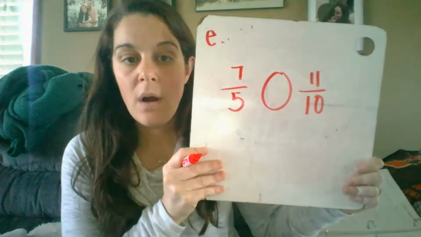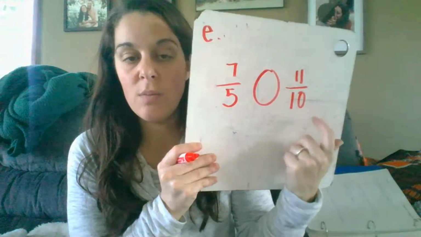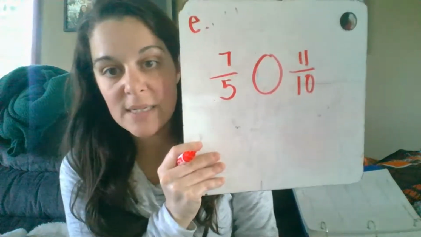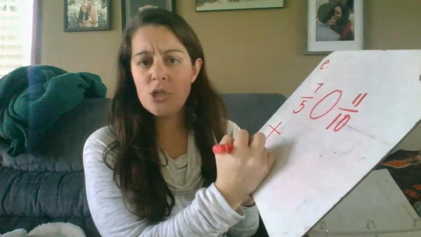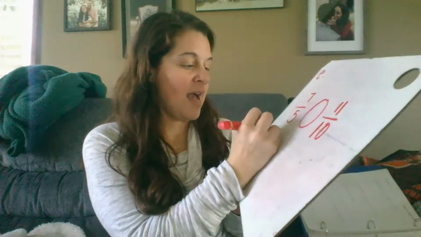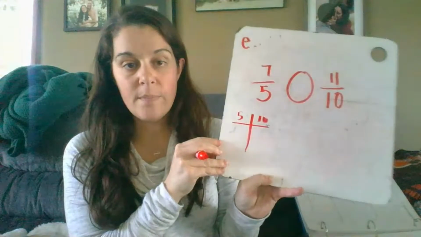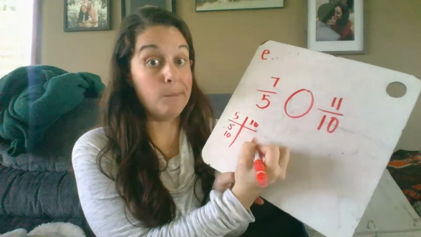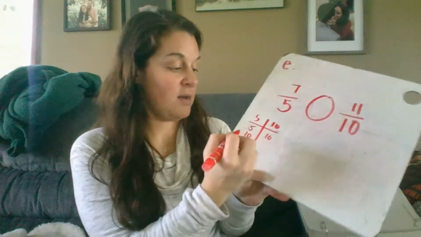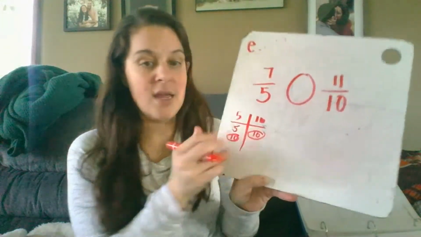Just looking at them, we already know I don't have a common denominator here. I have to find it. Handy dandy T-chart. 5 and 10. Skip counting by 5s: 5, 10. Oh, that looks familiar. 10. My common denominator is 10.